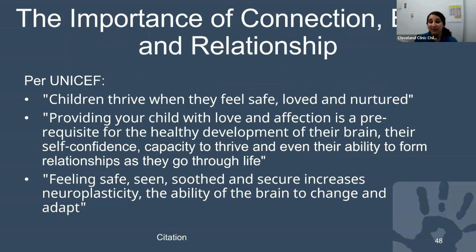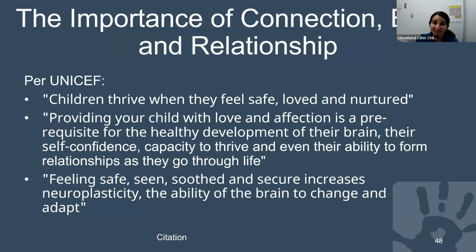So one important thing to keep in mind is the importance of connection and relationships. And we'll get more to this, but a kiddo needs to feel safe and loved and nurtured almost as a prerequisite in order to help their brain grow and develop.